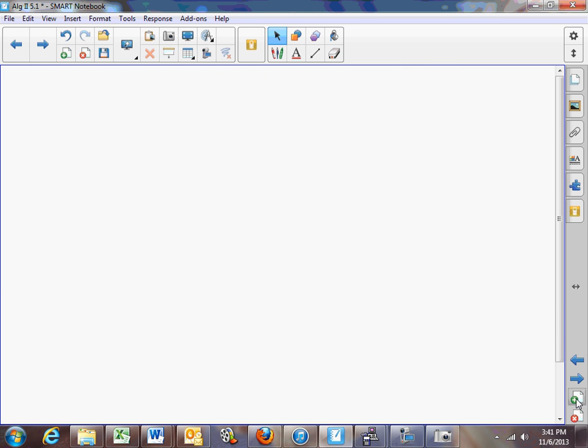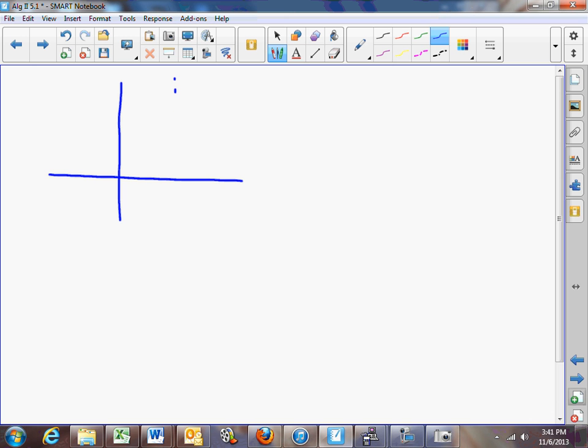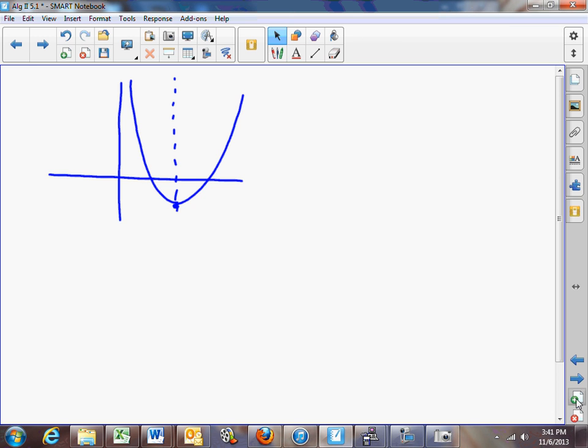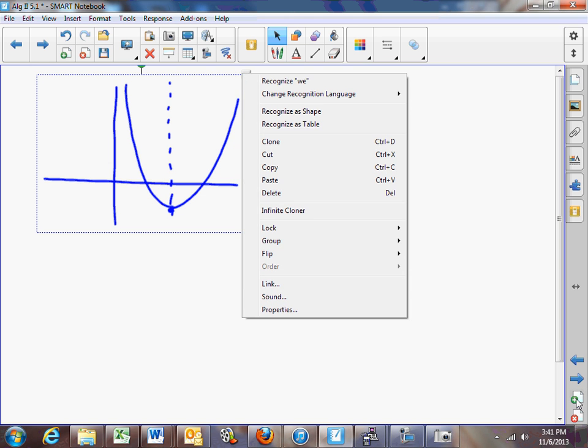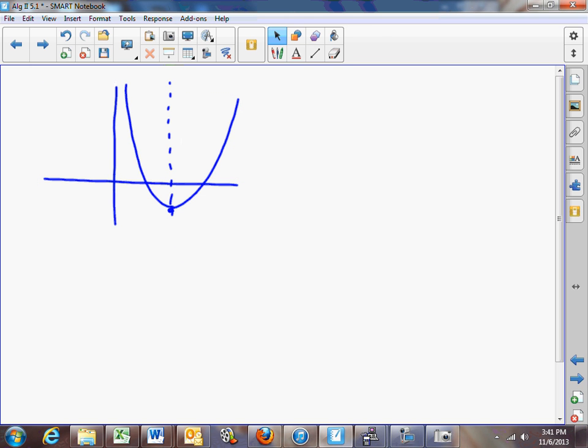One more thing that we need to talk about here. When you have a parabola or a quadratic function, there will be a vertex someplace, and then the quadratic function will either open up or down. We'll show you one here that's opening up. In fact, I don't know if this is a good enough drawing here. There, that's better.